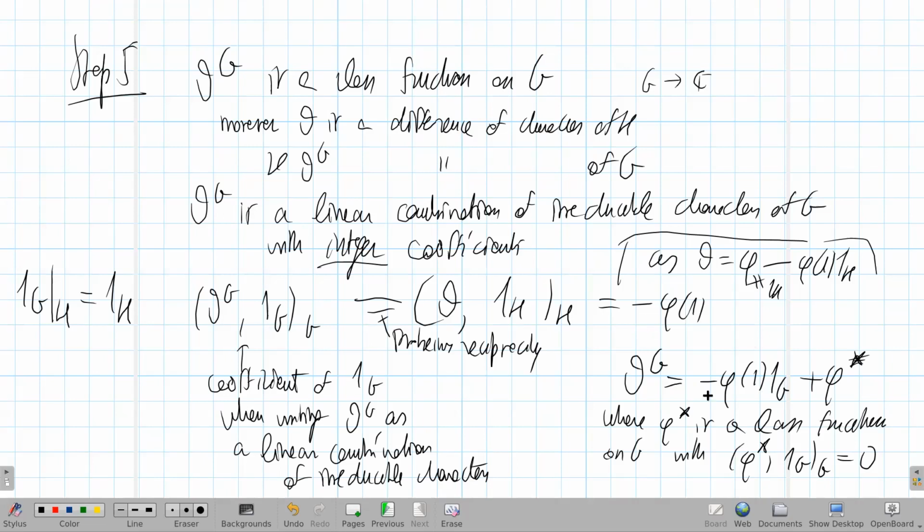Since I already took care of this, 1_G does not appear anymore in what's left. Okay, there will be other irreducible characters. And the point is, I want to prove that this is actually an irreducible character. And it's this extension I was aiming at. So let's see how this works out.